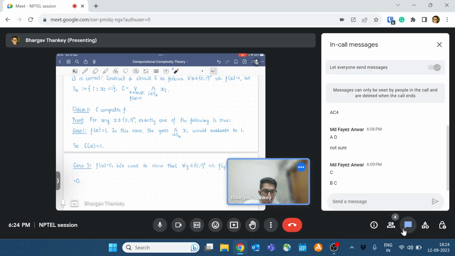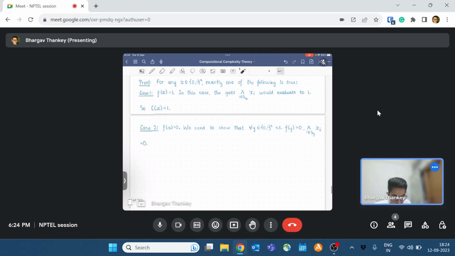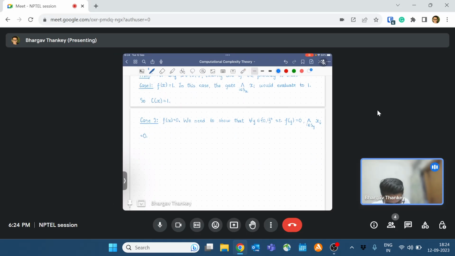Okay, so then how do we show this? So suppose not. Suppose there exists a y in {0,1}^n such that, wait, this should be 1, that f of y equals 1 and this is equal to 1.